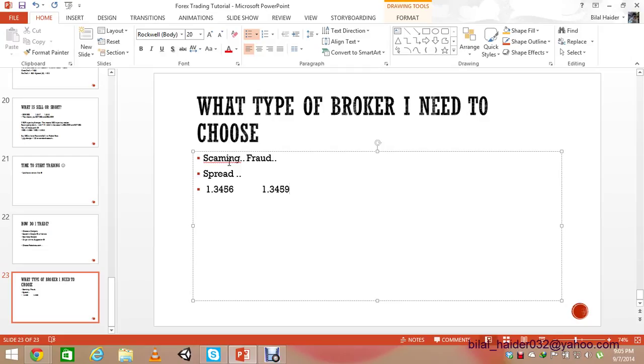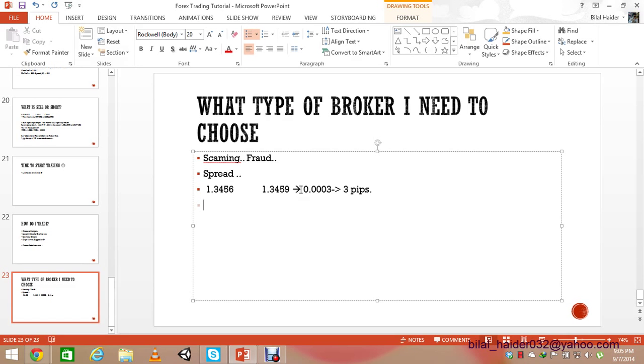Let's say one broker is buying the currency pair at this rate and selling it at this rate, so there is a difference of 0.0003. So the spread is actually 3 pips in here. So you need to find a company that is giving you the lowest spreads.